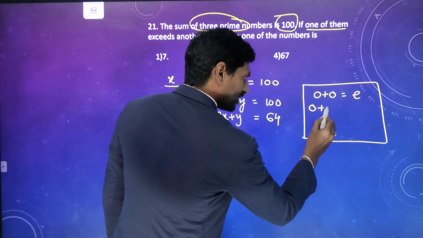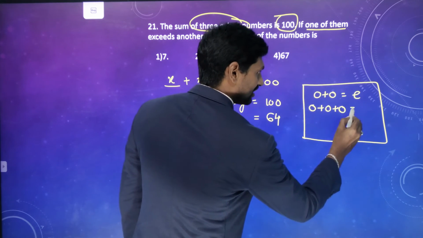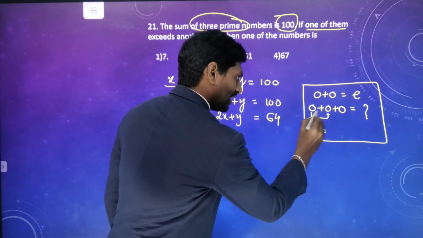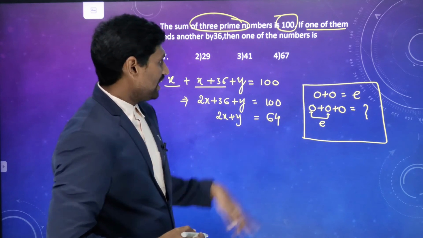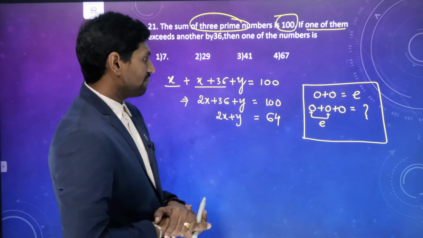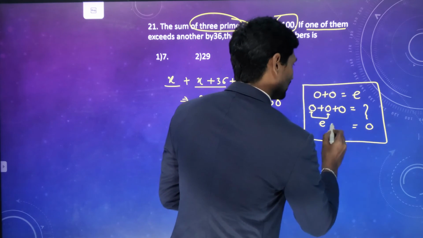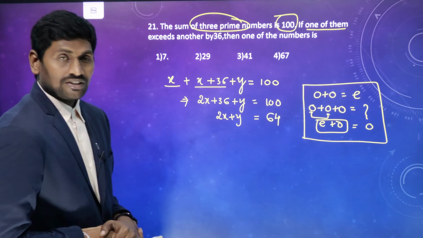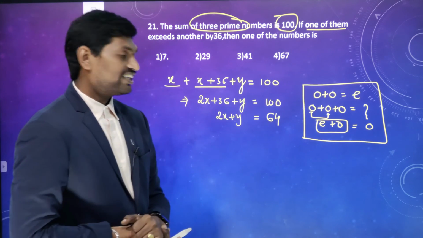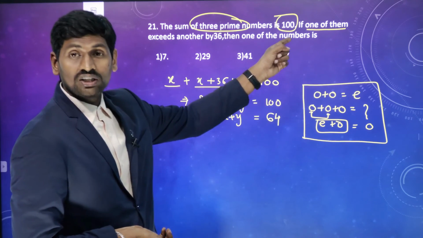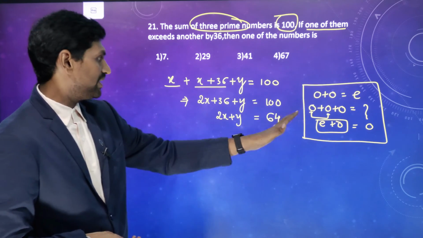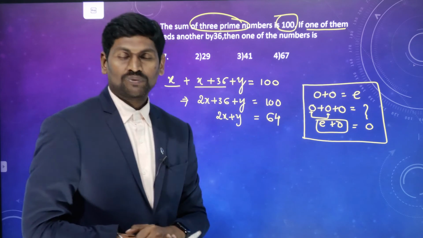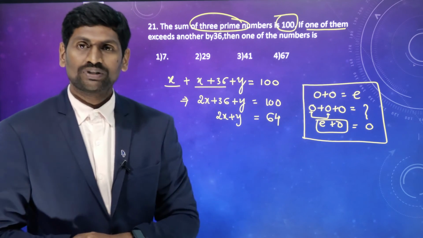If you take three odd numbers together, then what do we get? If you add the first two odd numbers, you get an even number, and an even number plus an odd number gives you an odd number. That means, since the sum is 100, which is not an odd number but an even number, from these three numbers one must be an even number.